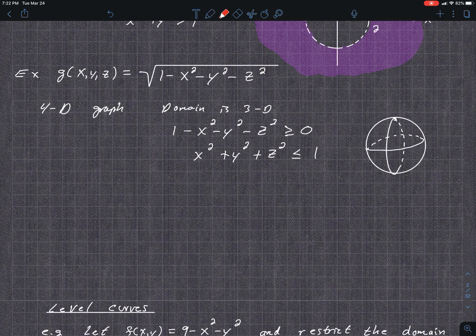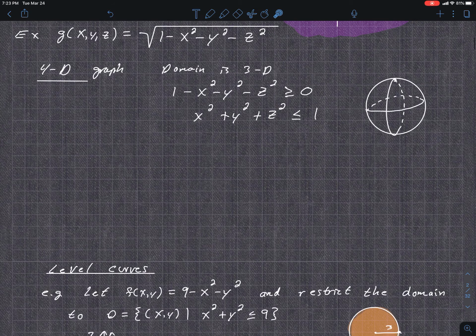So this is a four-dimensional function, meaning that the graph is like 4D, but the domain is in 3D. So the domain would be basically this unit ball, and it includes the boundary because of the or equal to here. And so it would be that mapping to another real axis somewhere.